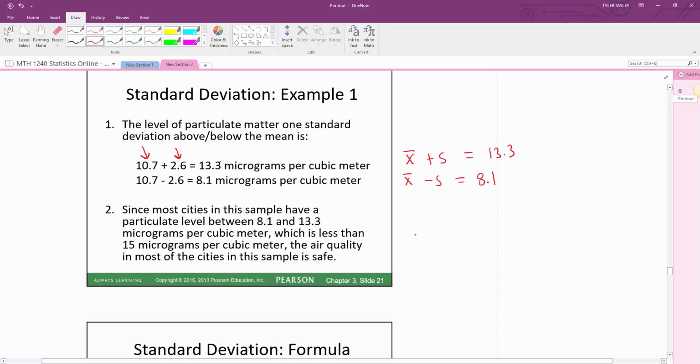If you remember previously, what we know is that most of our data values will fall within one standard deviation.